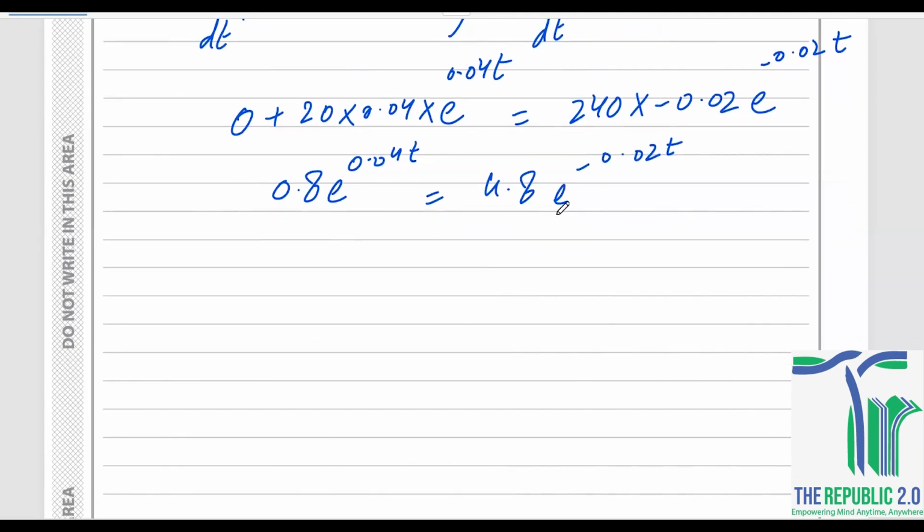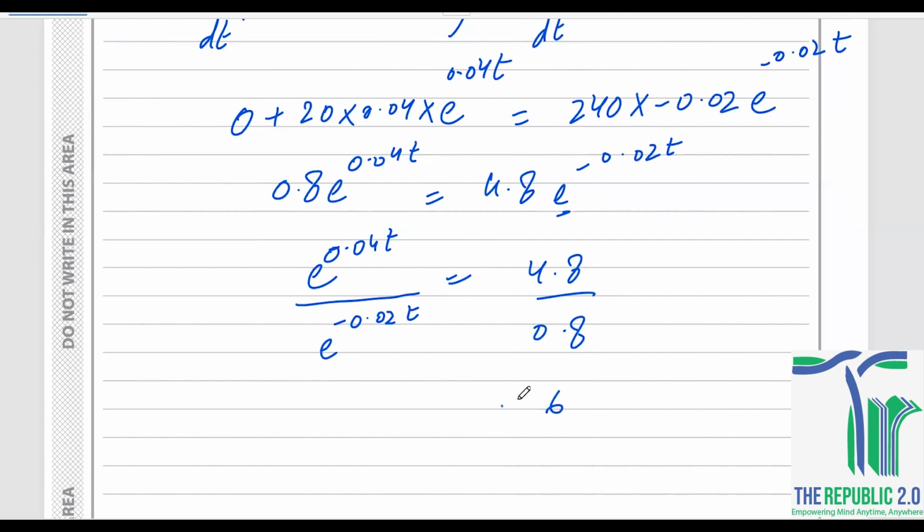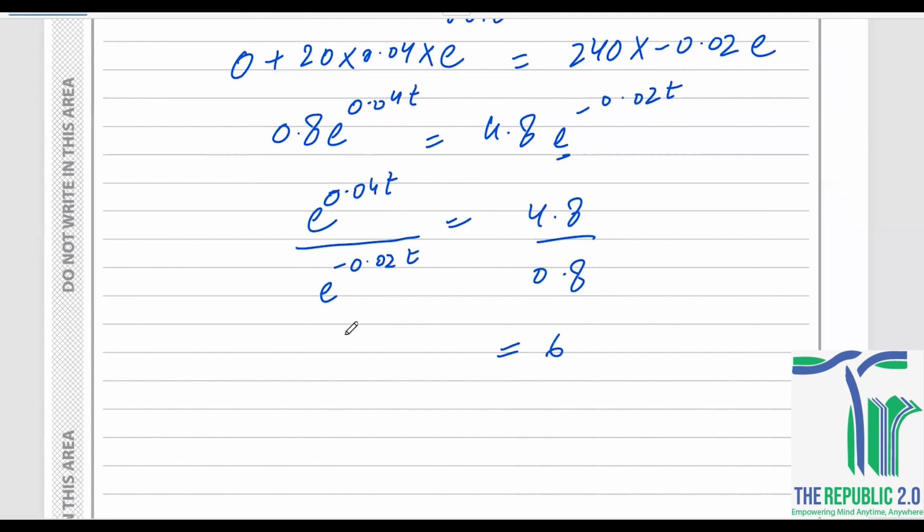The e's together, bring this e here. So you will have e to the 0.04t divided by e to the 0.02t is equal to, it has to be equal to e to the power of this.